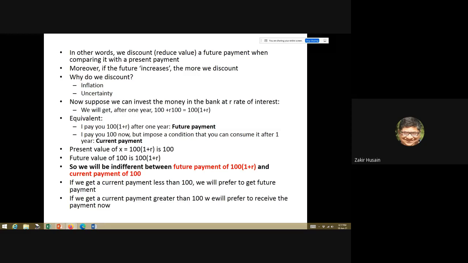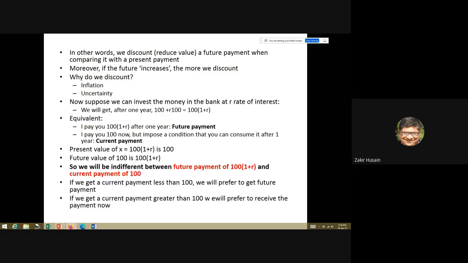Now, why do you discount? One is, as you have rightly said, inflation. Another is uncertainty, but I now need the money to go about town and enjoy myself, so I won't pay you the 120 rupees or whatever we agreed upon.